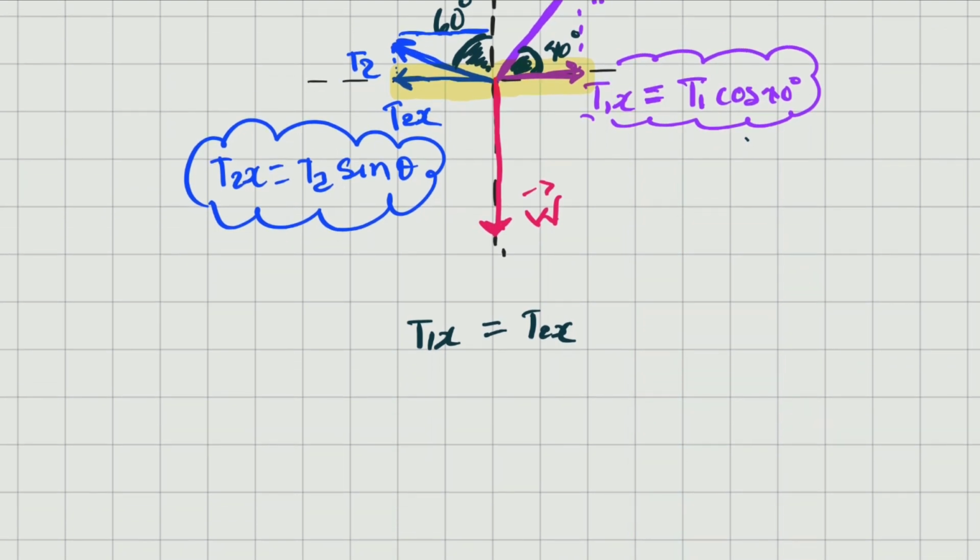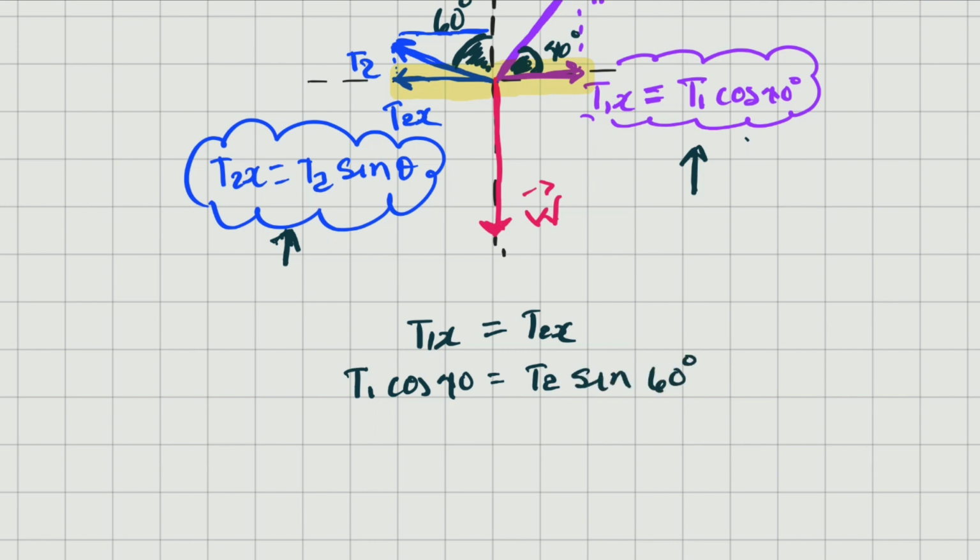Because the system is at equilibrium. T1 in X is the formula right here, so it is T1 cos 40 degrees. T2 in X, the blue one, is going to be T2 sine theta, which is 60 degrees.